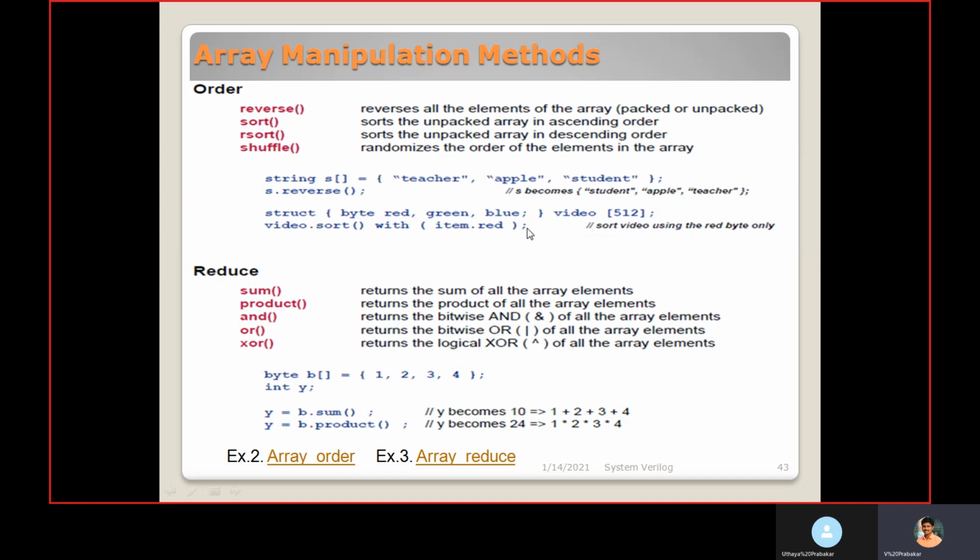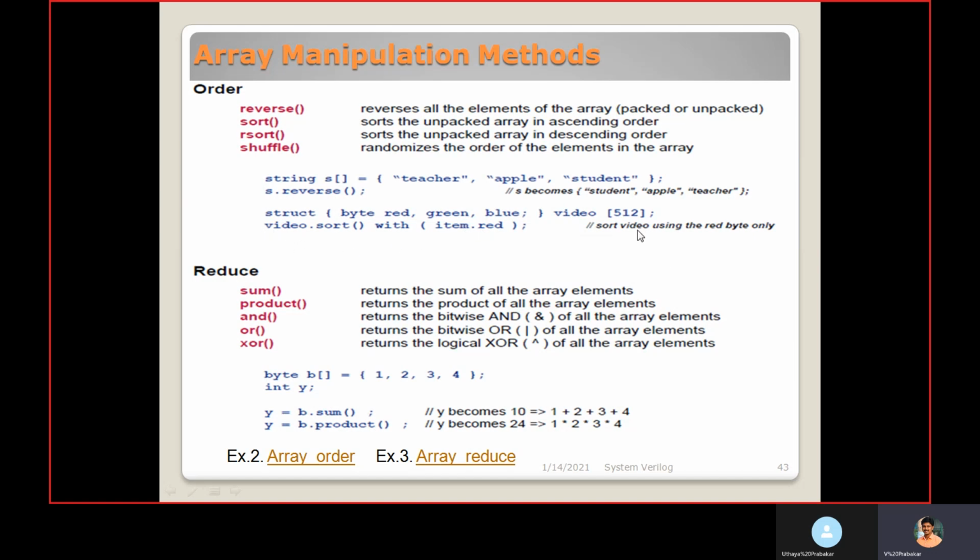variables. So I want to sort this whole structure. There are 512 videos, 512 instances or 512 locations. I want to sort them with respect to the red value. So how can I do that?